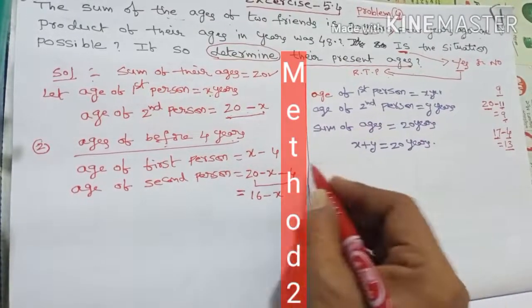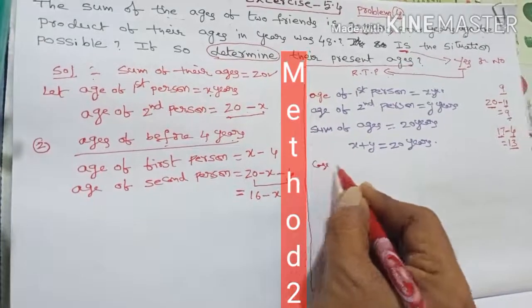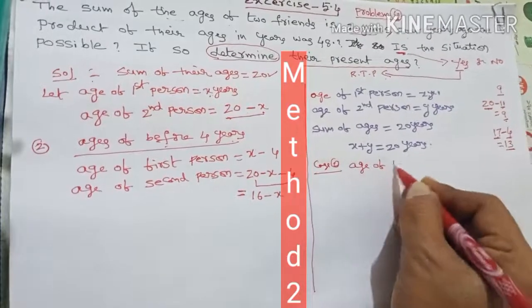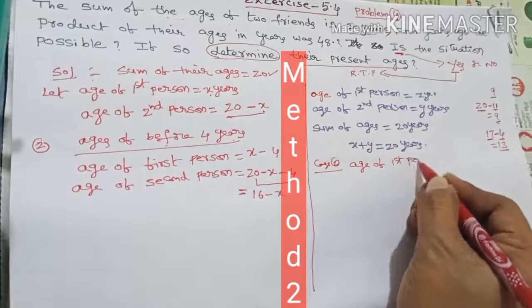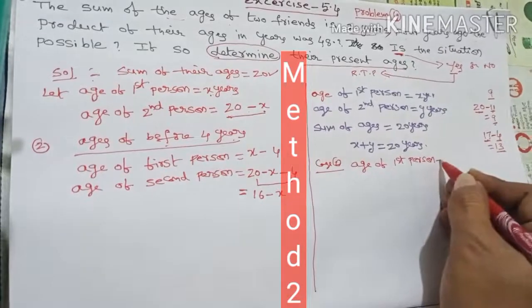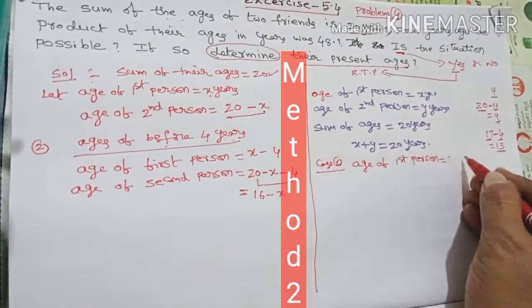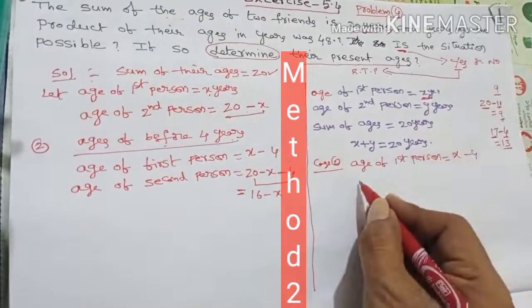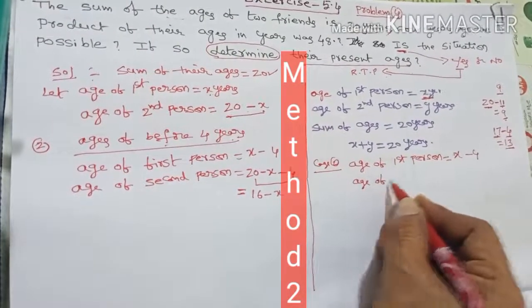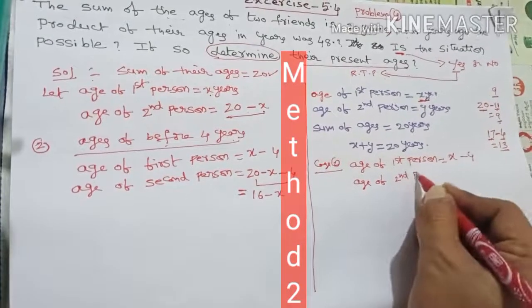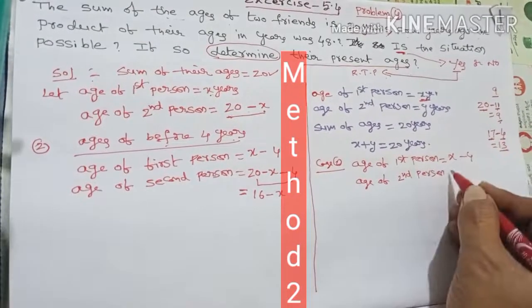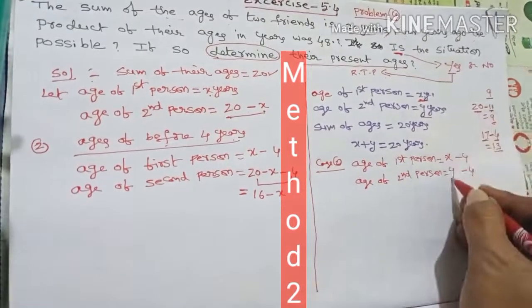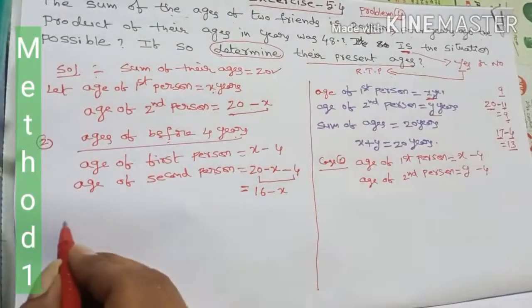According to case 2, the age of the first person is x minus 4, subtracting 4 from the present age x. Then the age of the second person, subtracting 4 from the present age, is 16 minus x. Okay, then what is the clue?